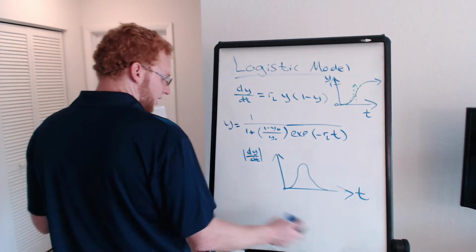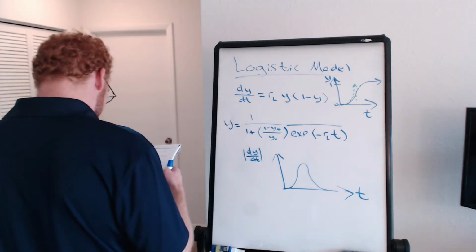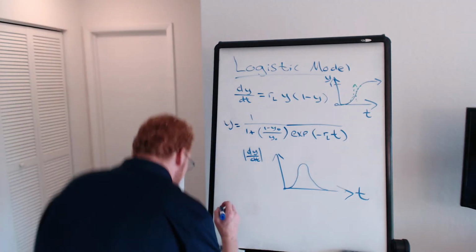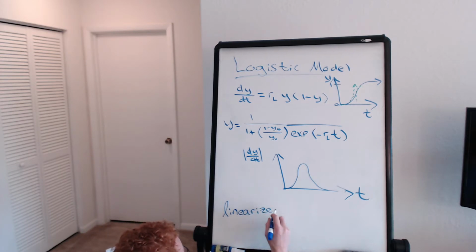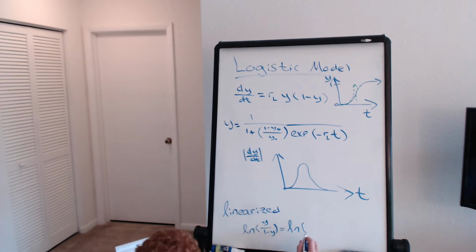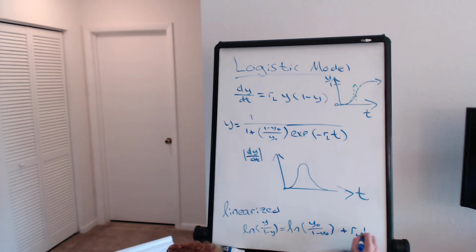Also, one last thing, we can linearize it. Then it's the natural log of y over (1 minus y) equals the natural log of y naught plus the rate times time.